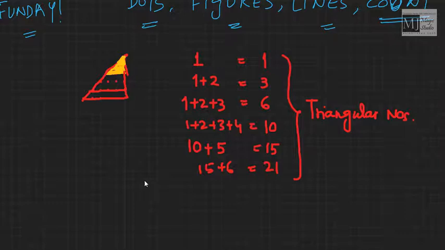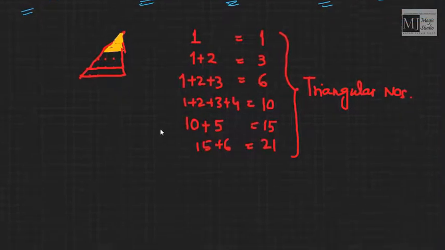1, then you add 3 to it. Let's see the square number formation with dots once again. 1. I know 1 is a square number also. Great.